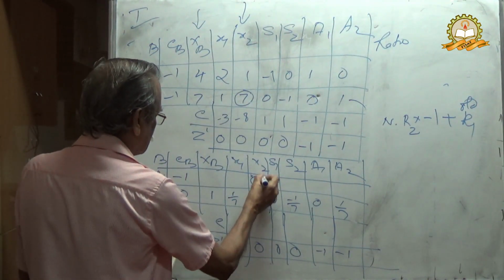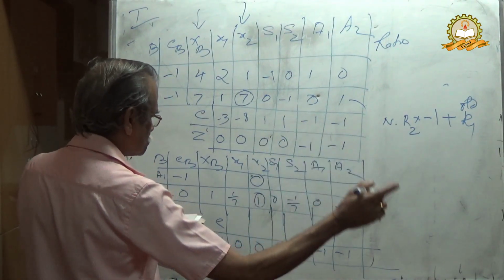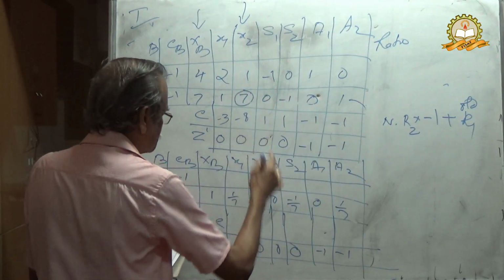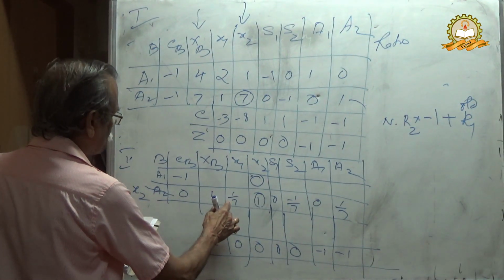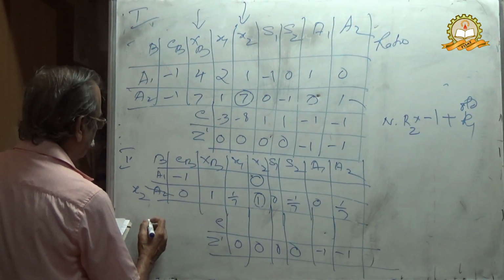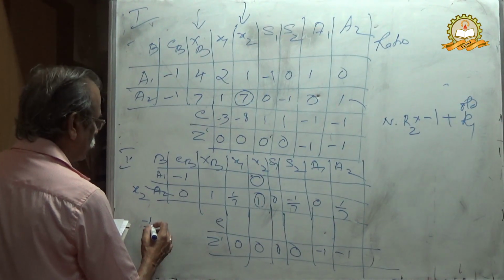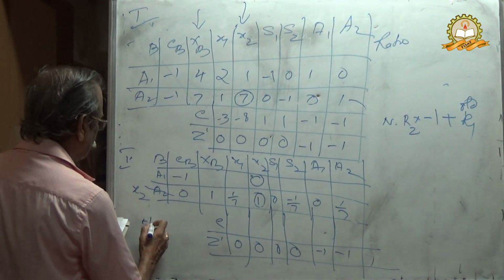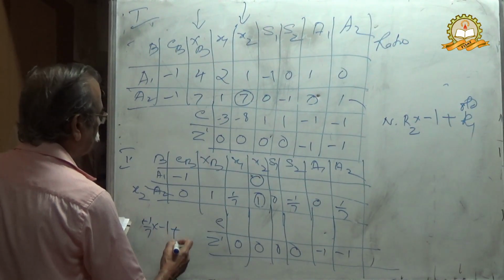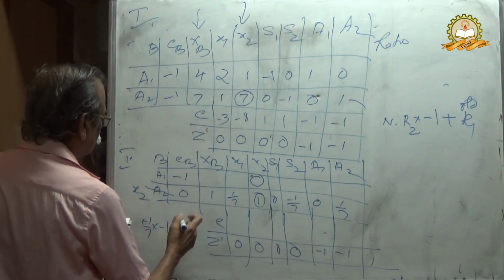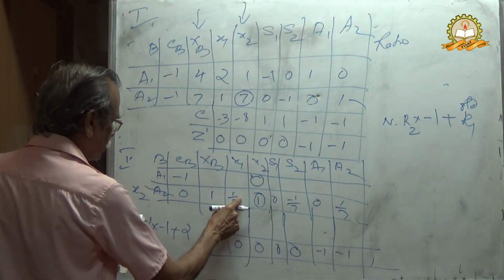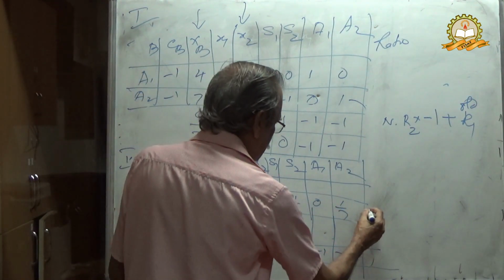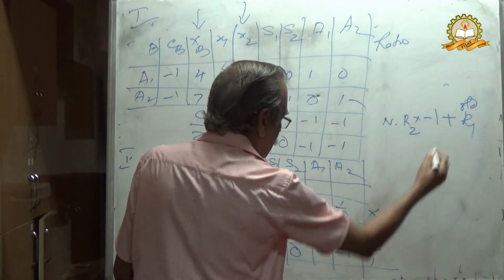Then under x1, you have negative 1 by 7: positive 1 by 7 into minus 1 plus 2. Here it is 1 by 7 multiplied by negative 1. Add old R1.